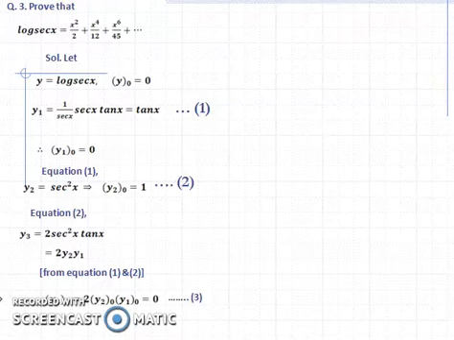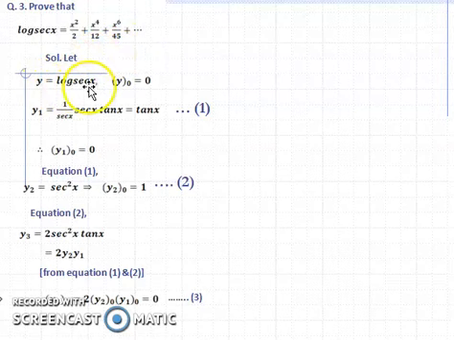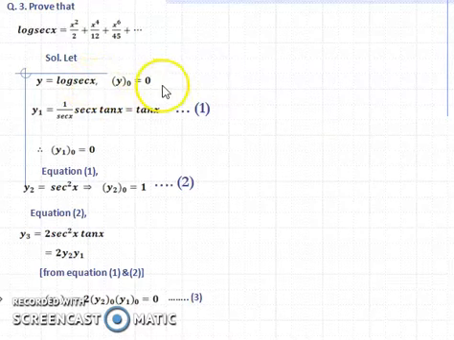Now the third problem of Maclaurin's theorem: log sec x equal to x square divided by 2 plus x to the power 4 divided by 12 plus x to the power 6 divided by 45 plus dot dot dot. In the same way, let us suppose y equal to log sec x, and y of 0 equal to 0, because sec 0 is 1 and log 1 is 0.